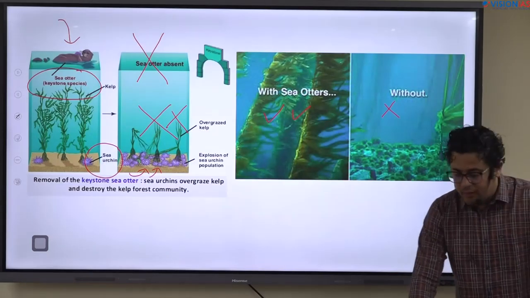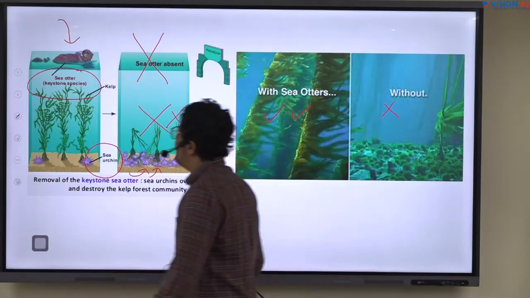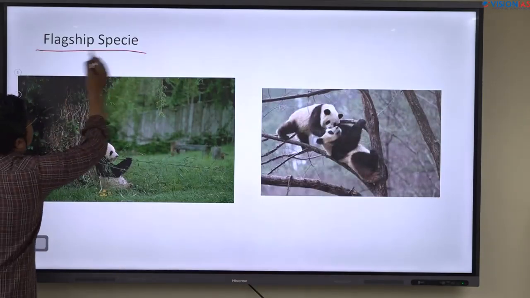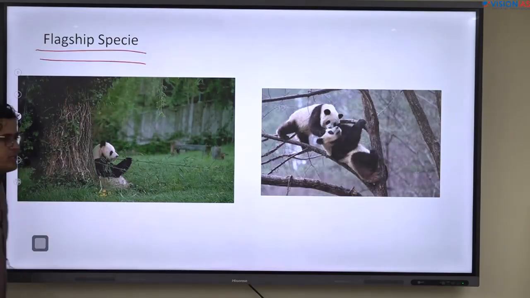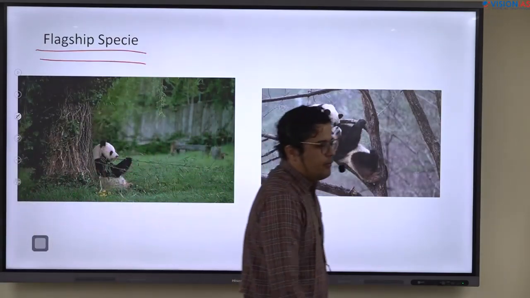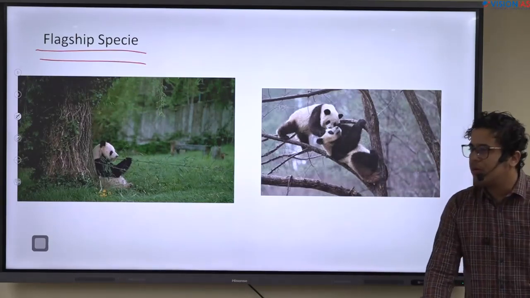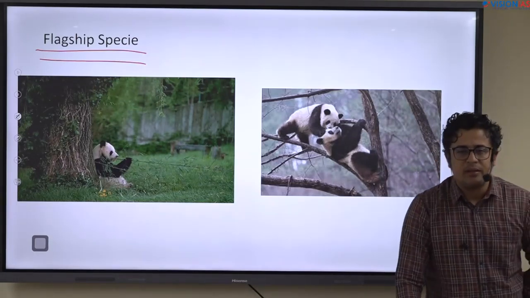Okay, let's see the third definition then. Flagship species. What is a flagship species? Flagship species is that species which is used for marketing, advertisement.